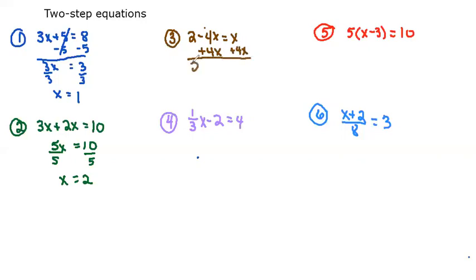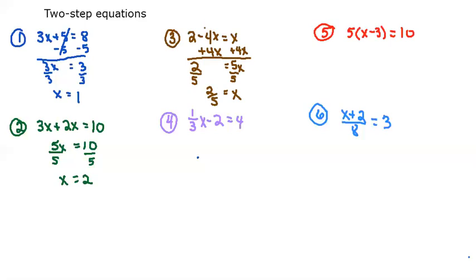So it gives me 2 is equal to 1x plus 4x is 5x. And when I divide by 5, x is 2/5. Now, if you put that in a calculator, you'll get a decimal, and you will see it both ways, but always look for the fraction first, 2/5.